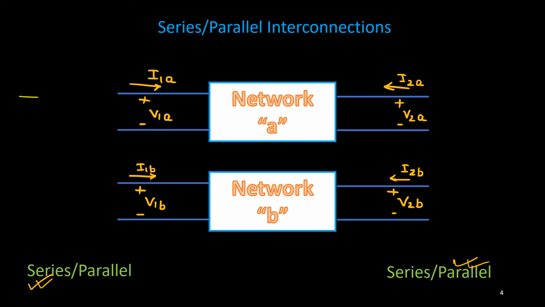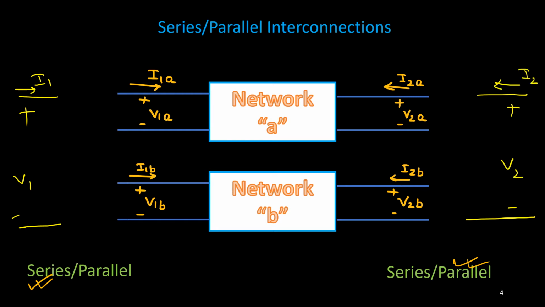This is your input side voltage V1 and current I1. On the output side, the terminal potential is V2 and the current is I2.